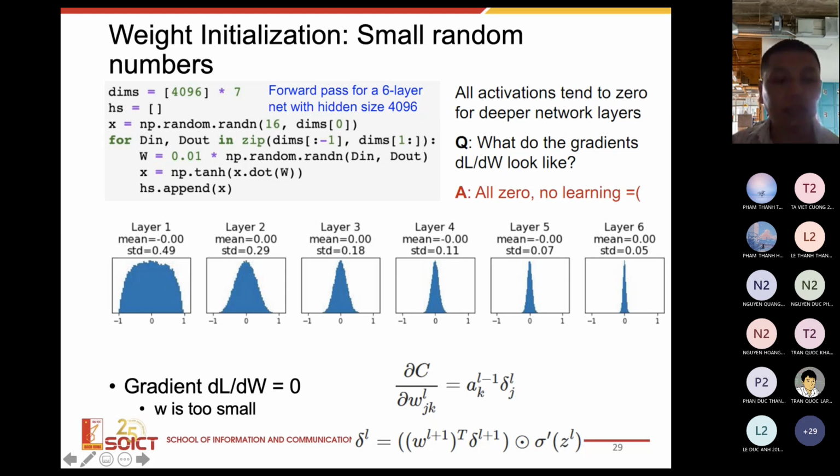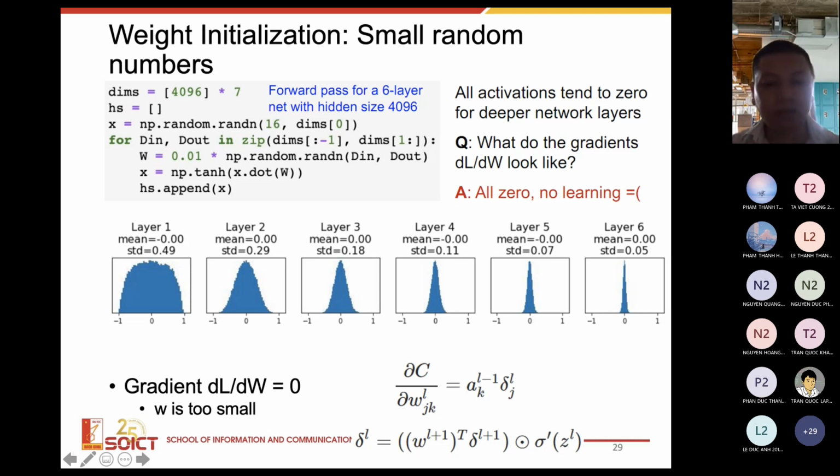You just visualize the output after each layer. You see that at the higher layers, the mean is equal to 0, but the standard deviation becomes smaller and smaller.